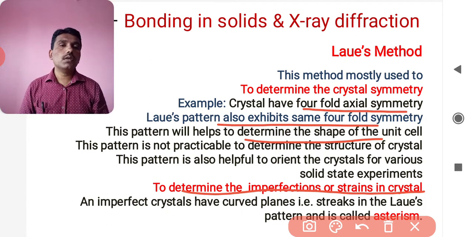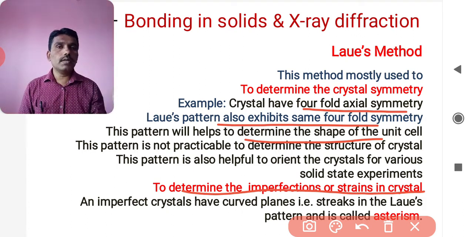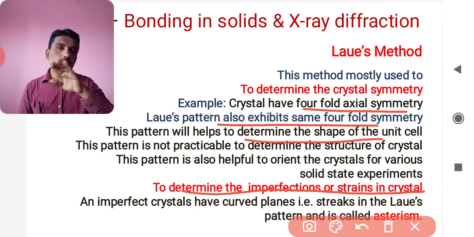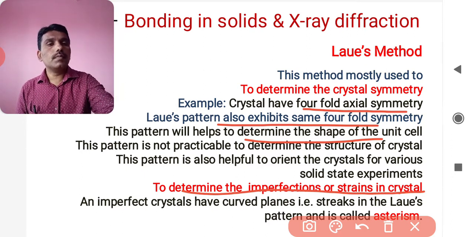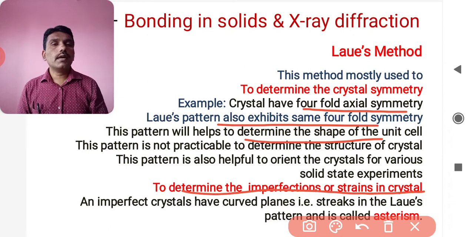and streaks on Laue's pattern will be found as curved patterns on the films. Such streaks in the pattern are called asterism, and that case shows there is an imperfection in the crystal.